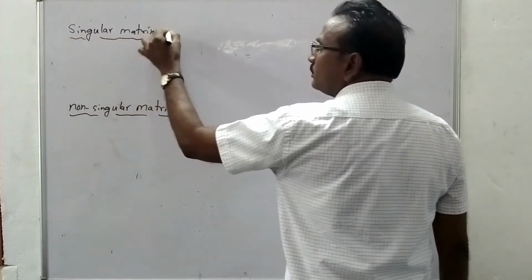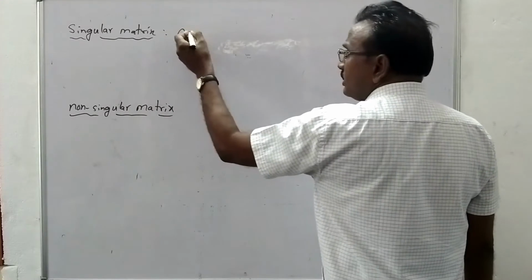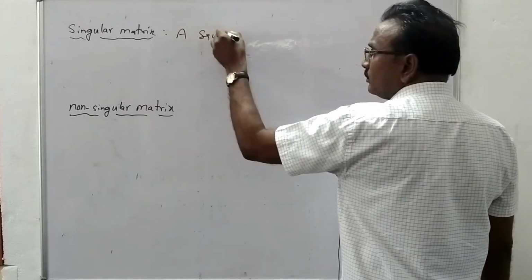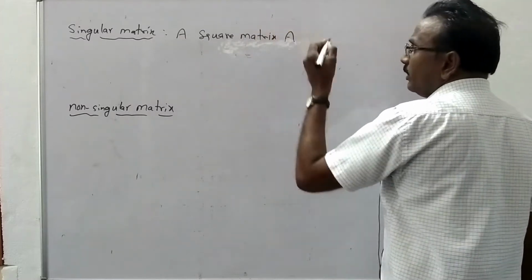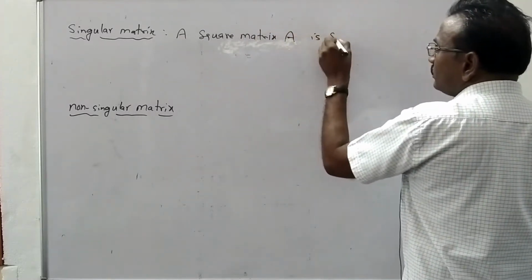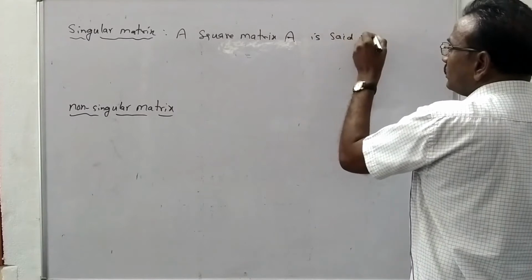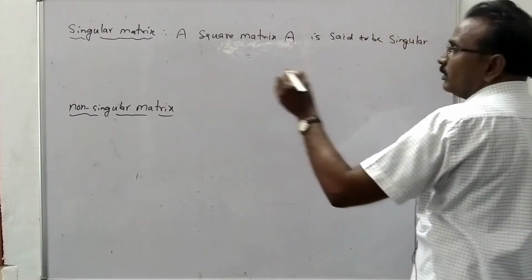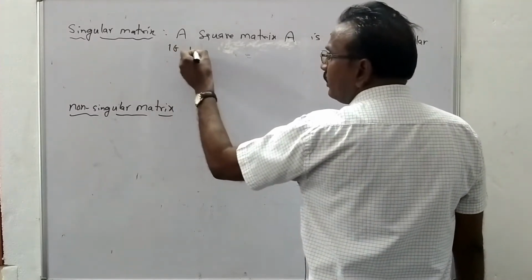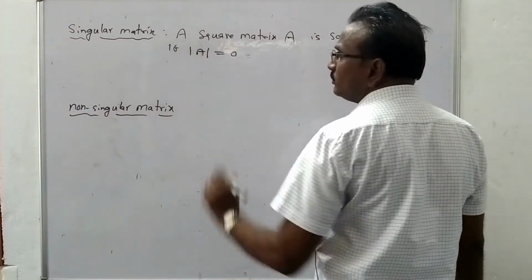Singular matrix. A square matrix A is said to be singular if the determinant of A value is 0.